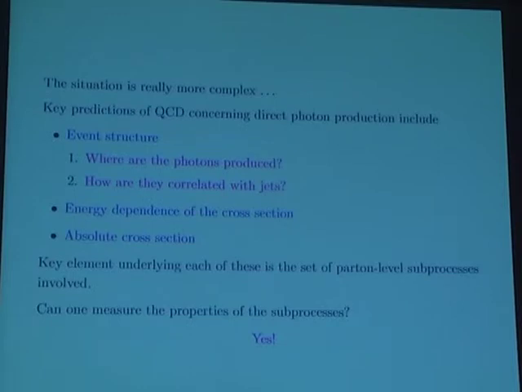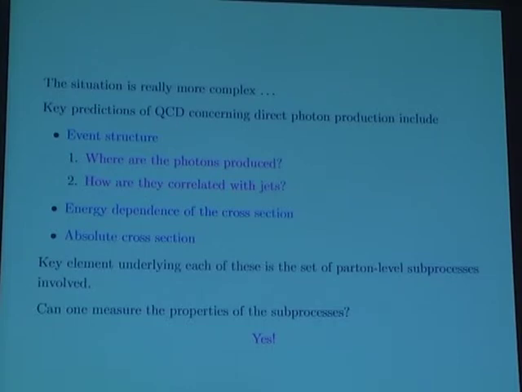As you've seen already in this school, the event structure is going to depend on a number of things. In particular, what we can do is ask, where are the photons produced? That is, how are they correlated with the jets and other particles in the event? What's the energy dependence of the cross-section? What's the absolute cross-section?